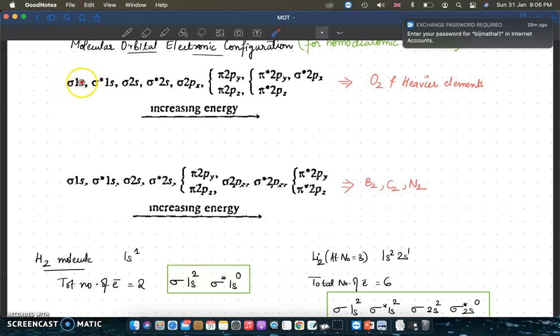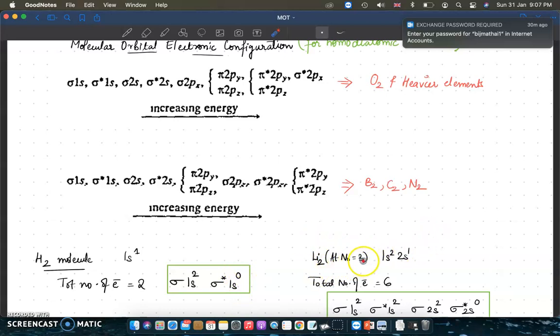Each orbital, like in the case of atomic orbitals, can accommodate only 2 electrons, and they are paired. Since we have 2 electrons in total in the H2 molecule, both would go to this particular orbital, so sigma 1s2, and then we write the corresponding anti-bonding as well, sigma star 1s0.